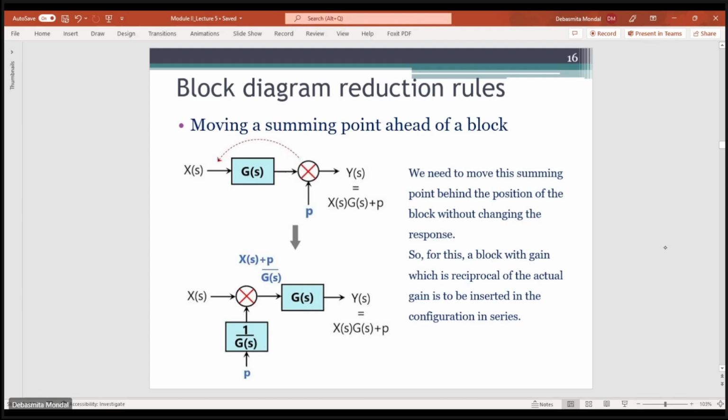But here, once we move this summing point before this block, whatever is coming as an input to this error detector gets multiplied by G(s).